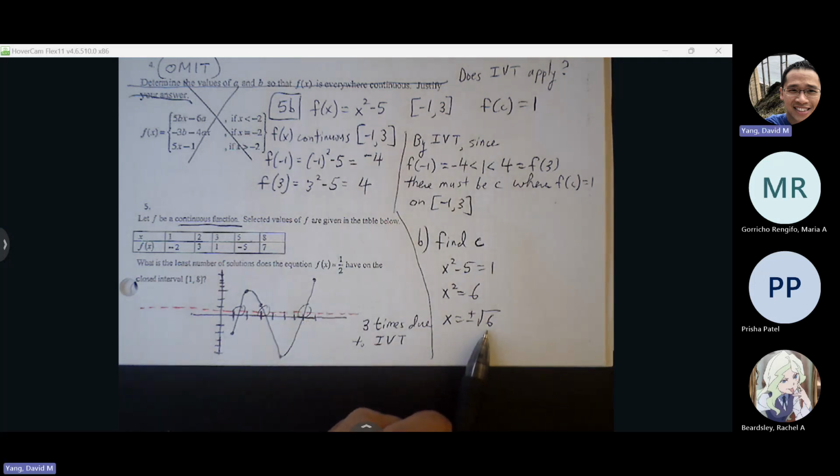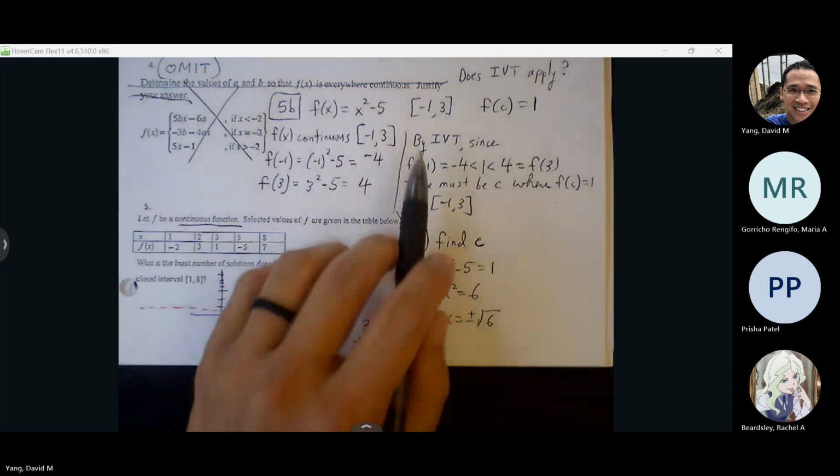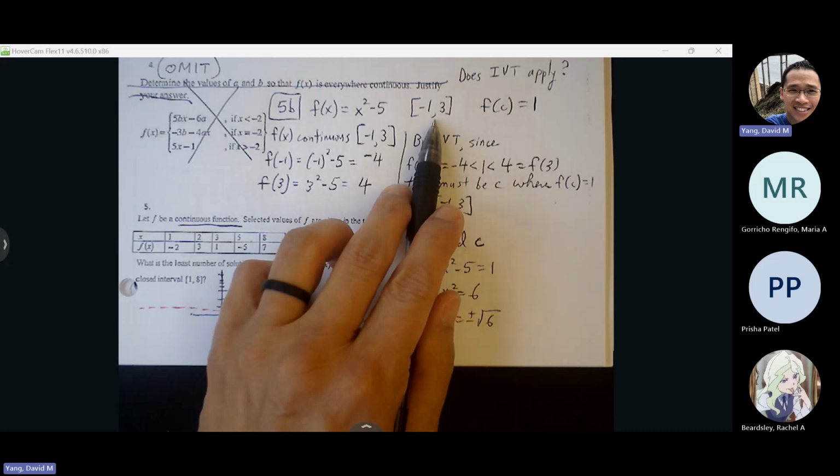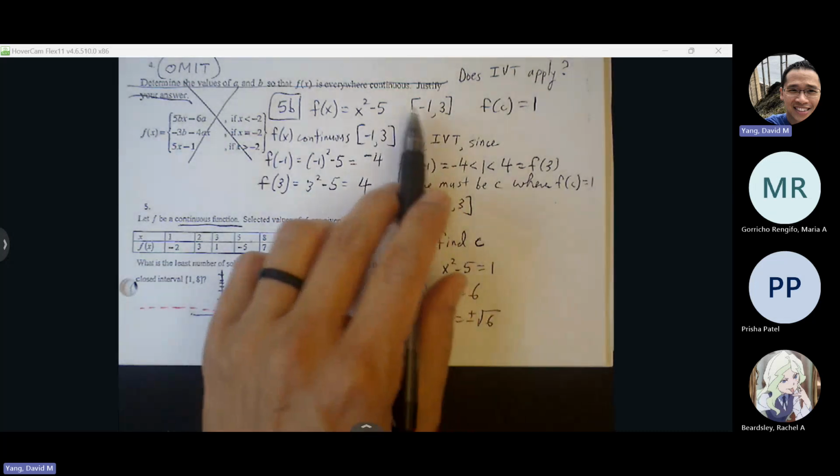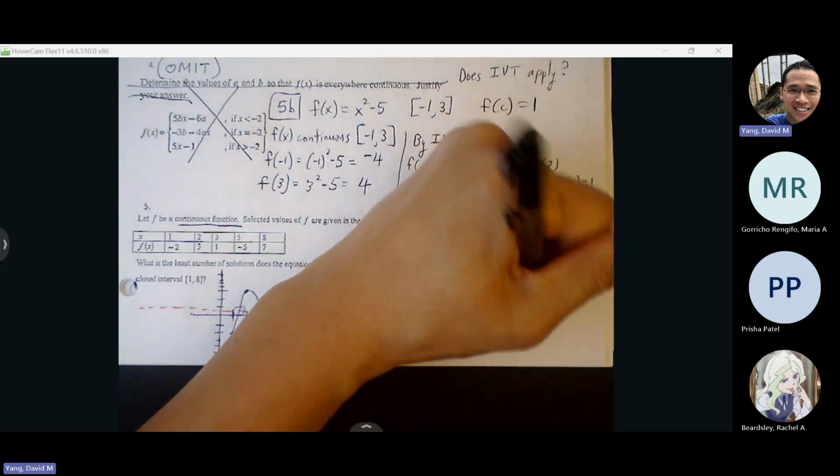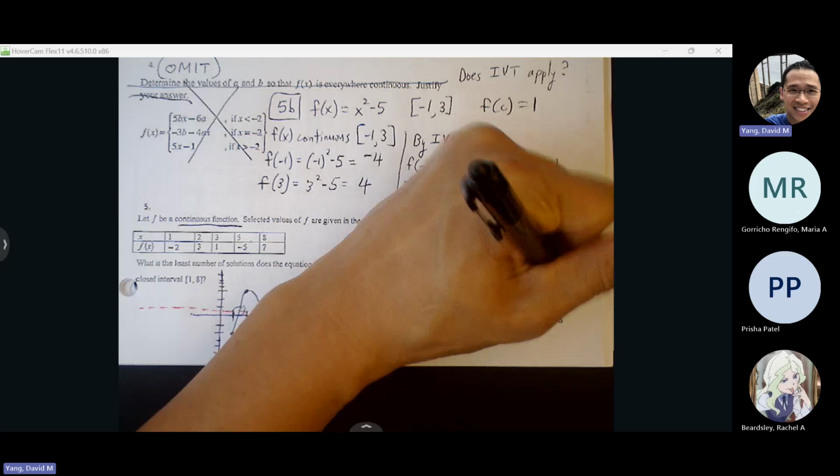So square root of 6 is going to be less than 3, but greater than 2, because square root of 4 is 2. So between 2 and 3. So it's like 2 point something. And we know 2 point something is fine, but then the negative root 6 will be outside the interval. So we're only going to keep root 6.